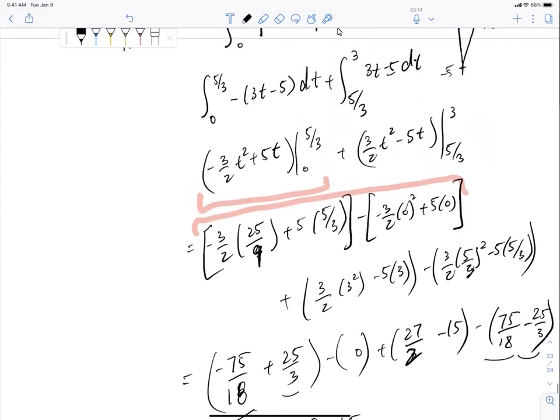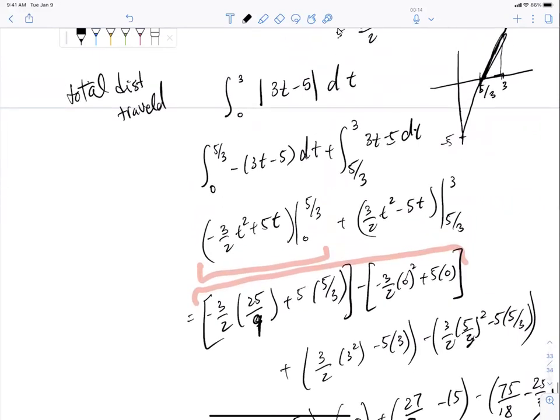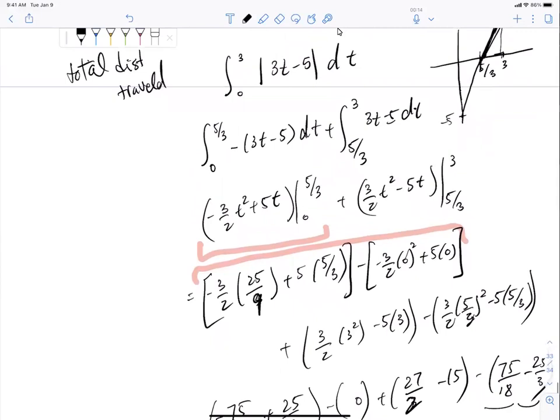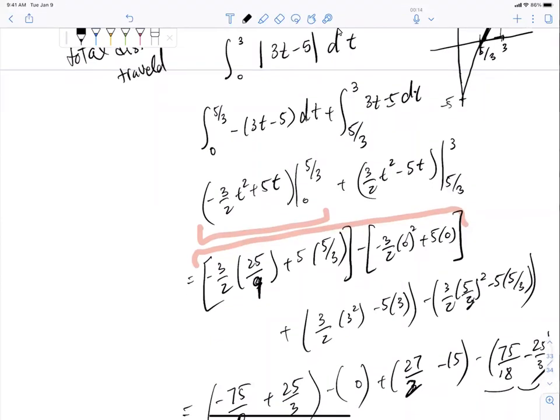Okay, let me just double check my work here, make sure I did this correctly. Okay.